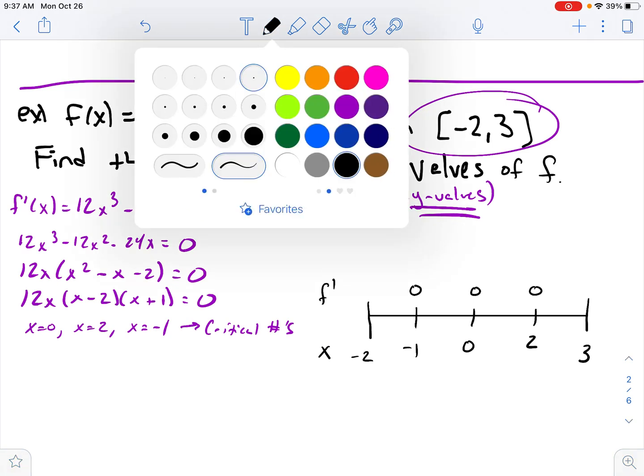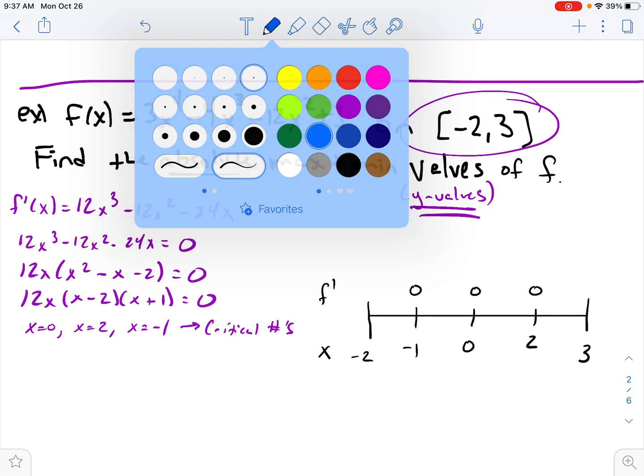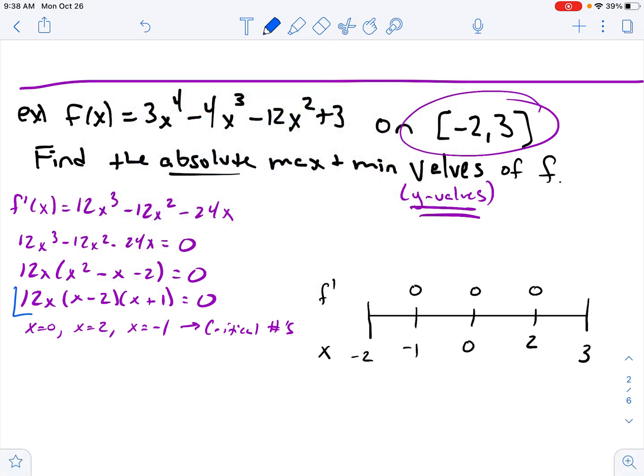X values on the bottom corresponding to what's going on with f prime up top. All right, now, testing the signs should be pretty easy if we use the factored form of the derivative here. So let me just rewrite this here. Okay, and I'm going to take x values in each of these regions again.